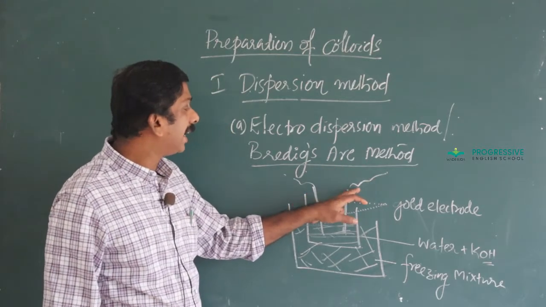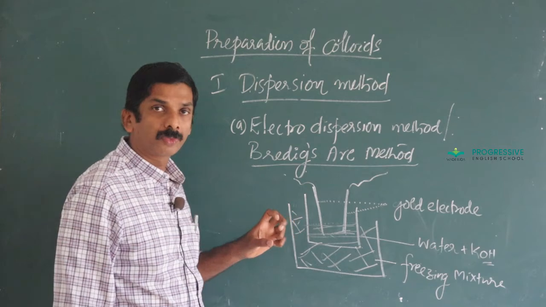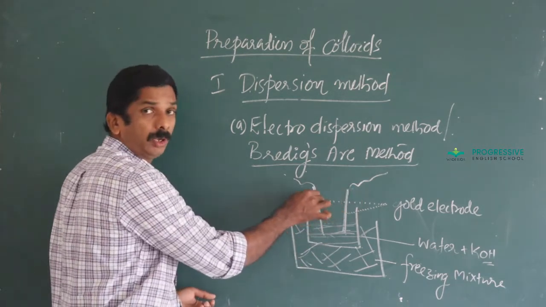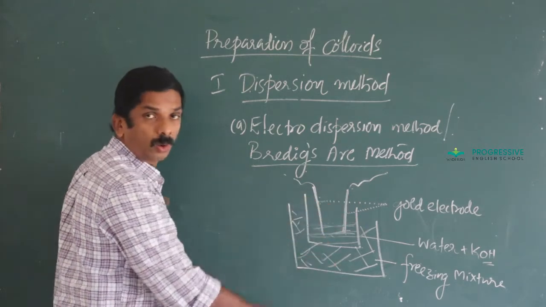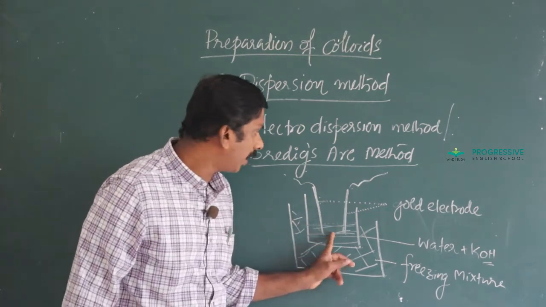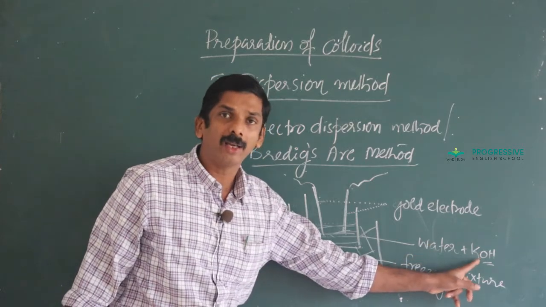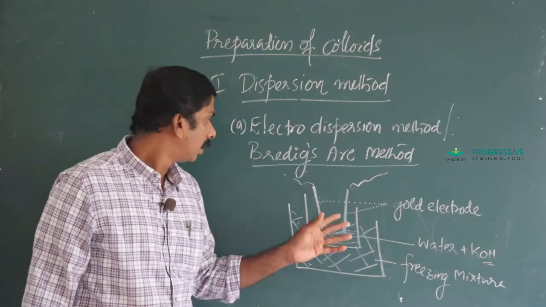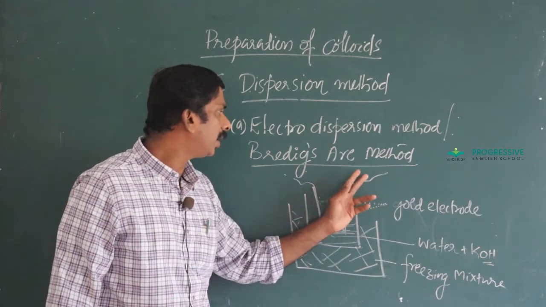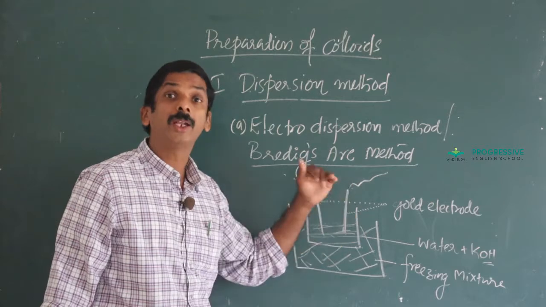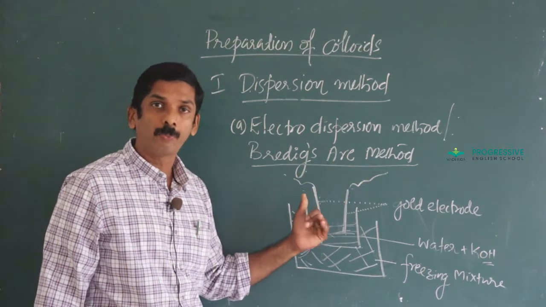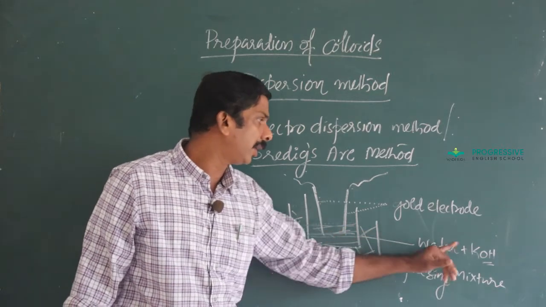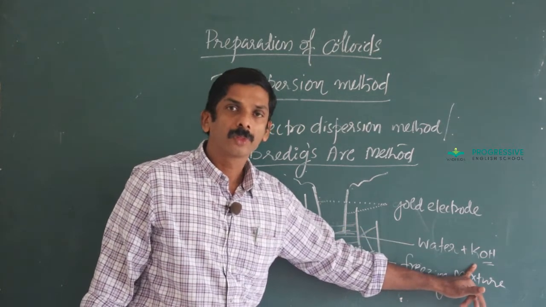An electric arc is applied between 2 gold electrodes dipped in water containing alkali. Okay, clear? A high intensity electric current is applied between 2 gold electrodes dipped in water containing alkali.